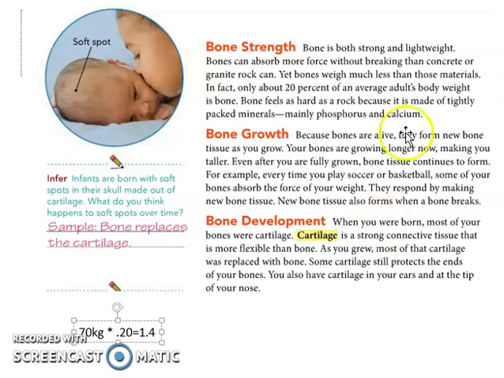Because here, 20% of our entire body mass is bones. Our mass contains many components like fats, water, and then the bones. Okay, so that is how heavy our bones are inside our body.